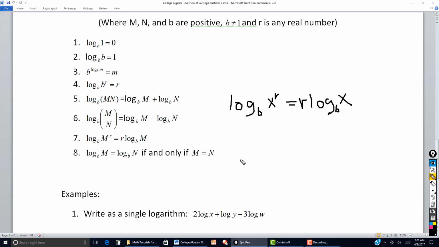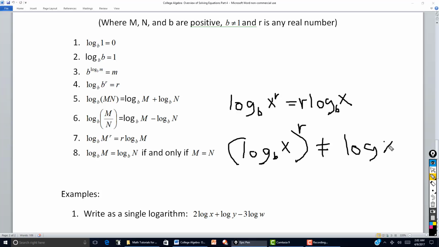Now I want to point out to you that if you have the log to base b of some number x, and say I put the power here, keep in mind this is not the same thing as the log of x to the r base b.